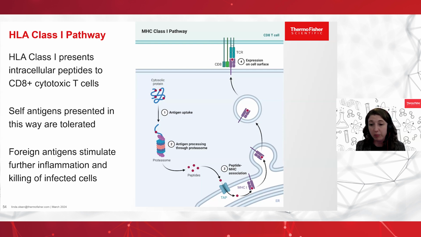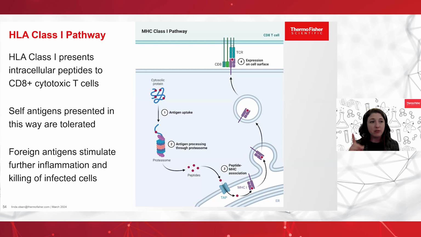The antigen would be processed and chopped up and then transferred to the endoplasmic reticulum where the MHC molecule is being assembled. So the peptide will be integrated into the molecule. It's contained within it. It would be denatured if it was pulled apart. So it will go out in a vesicle and then be expressed on the cell surface.